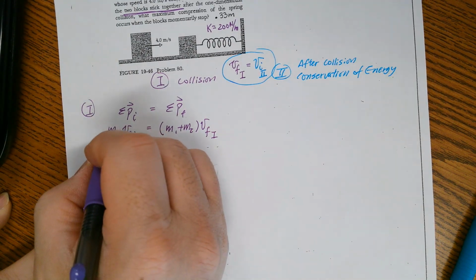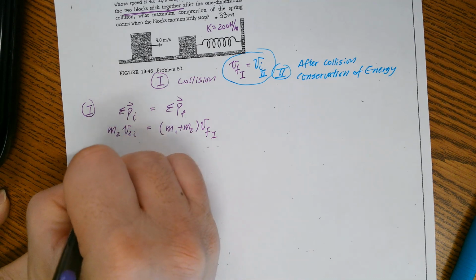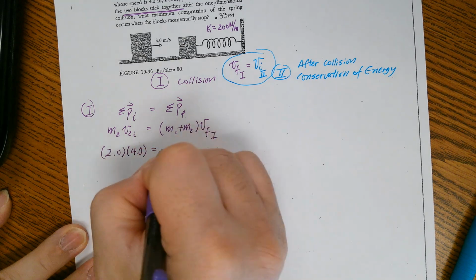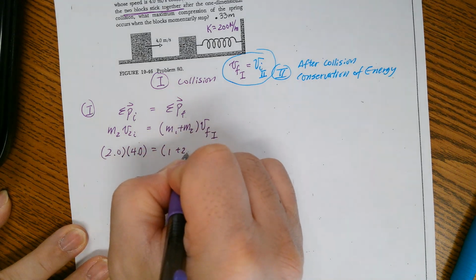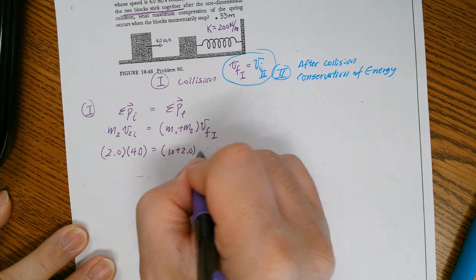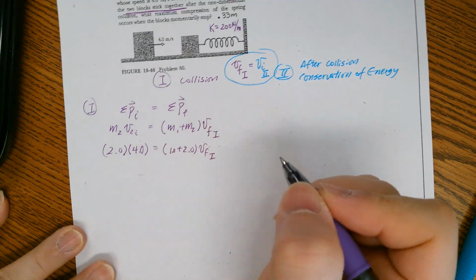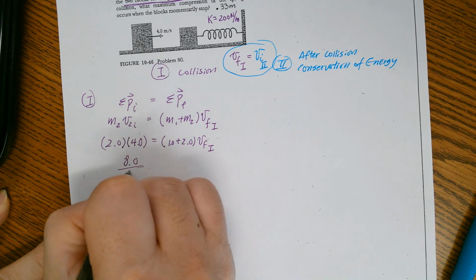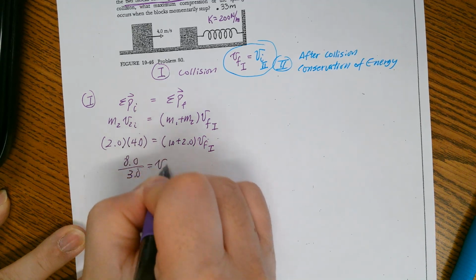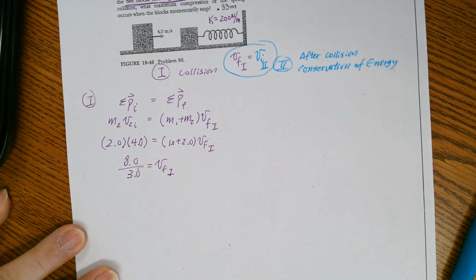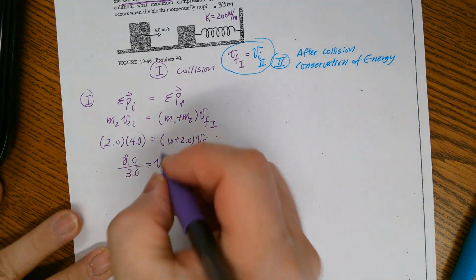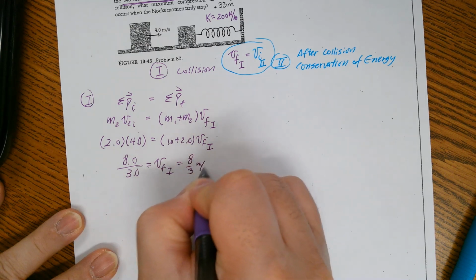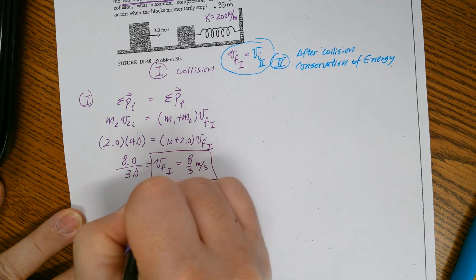So here, mass 2 is 2 kilograms times 4 meters per second, equal to 1 plus 2 times Vf of phase 1. So 8/3 equals Vf of phase 1. This is the initial velocity of phase 2.